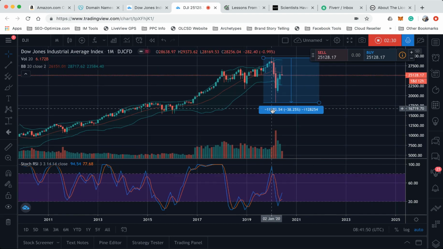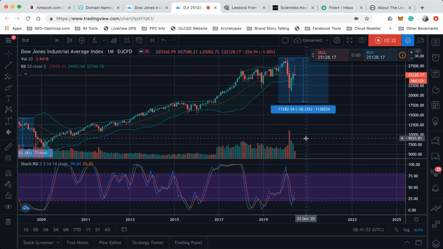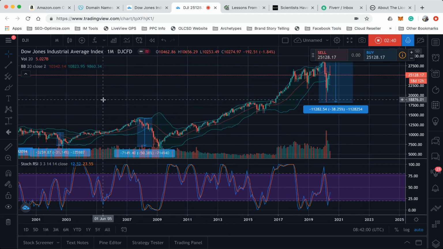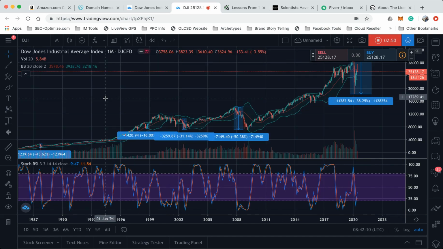We're on the monthly charts right now. What I was curious about is that when the markets correct, they correct and then they go up, and they correct and then they go up most of the time. What happened? Let's go back to 1929.